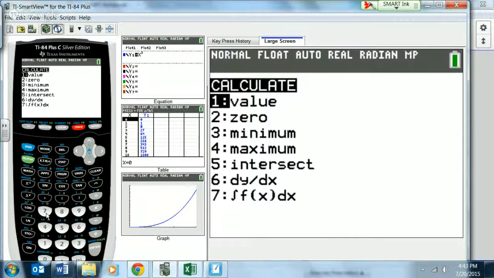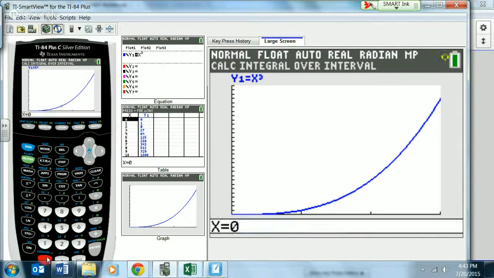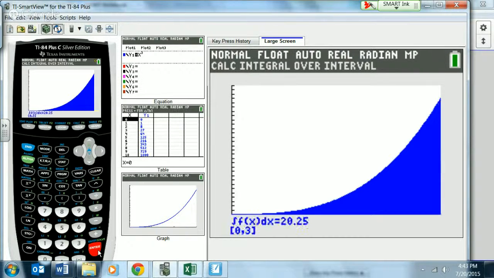So let's do second calc 7. We want to go from 0 to 3. And there's 20.25. That's that 81 over 4. That's the area under the curve that we would have gotten had I kept the denominator of 4 inside. Okay, so that's the area under the curve. That would be step 1, the integral.